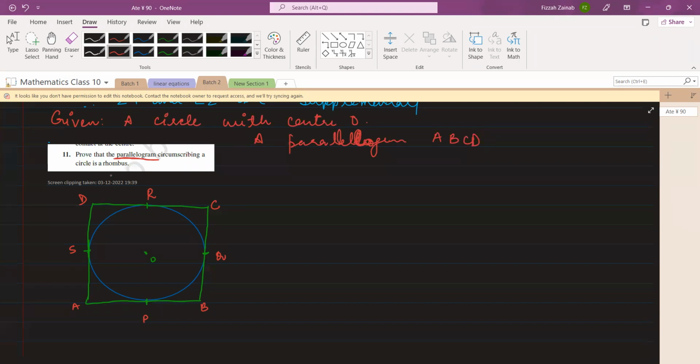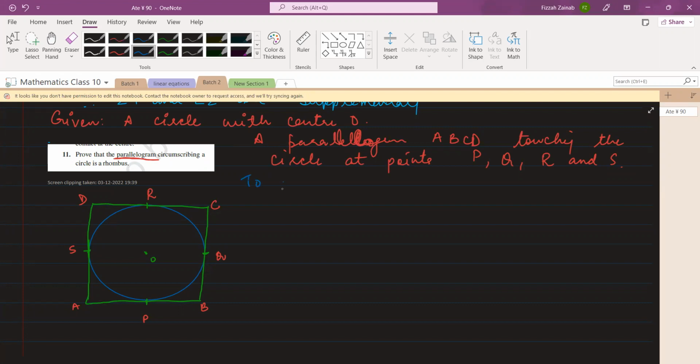It is circumscribing the circle, so you can write that it is touching the circle at points P, Q, R, and S. It's a parallelogram like this, touching the circle at points P, Q, R, S.